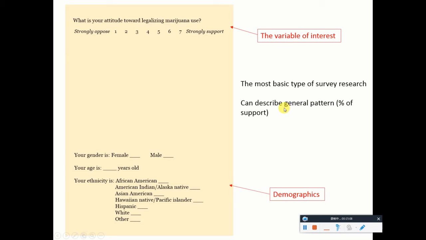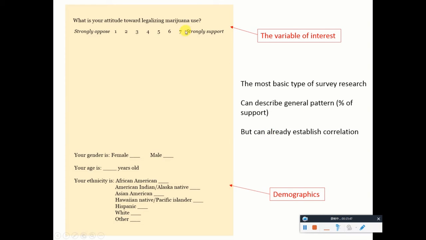For example, we can describe X% of males support this, whereas Y% of females support this issue, etc. Or simply reporting, among the 1,000 people that I surveyed, 60% of people are against or for this issue, whereas the rest are holding the opposite opinion, etc. Right? So that will allow us to describe general patterns.